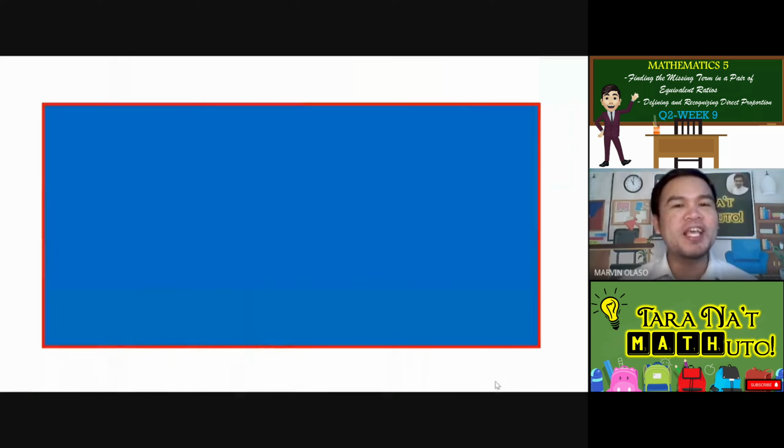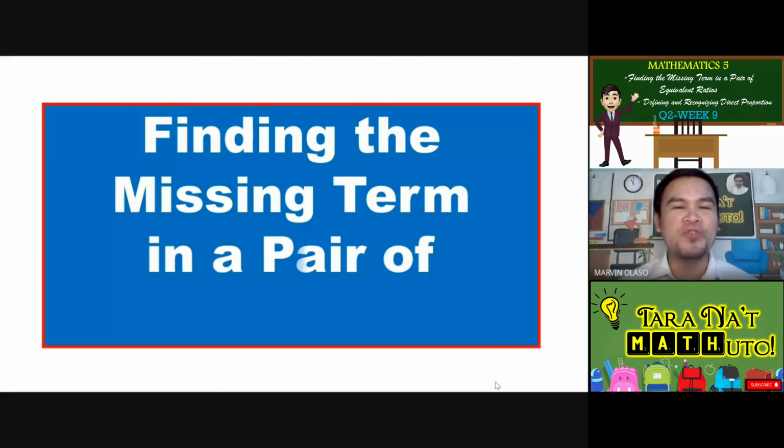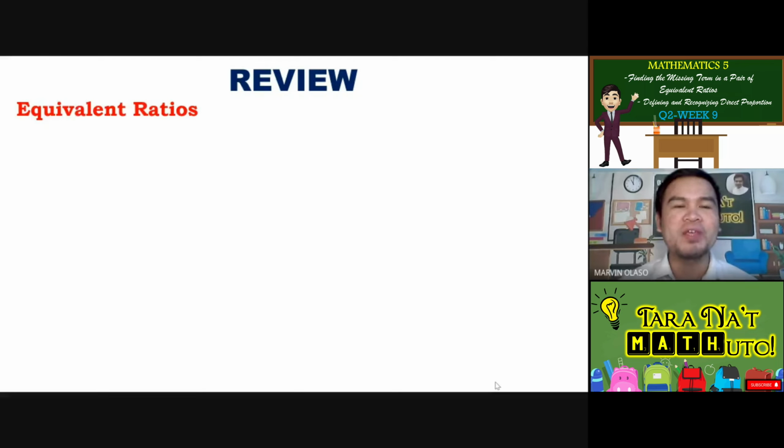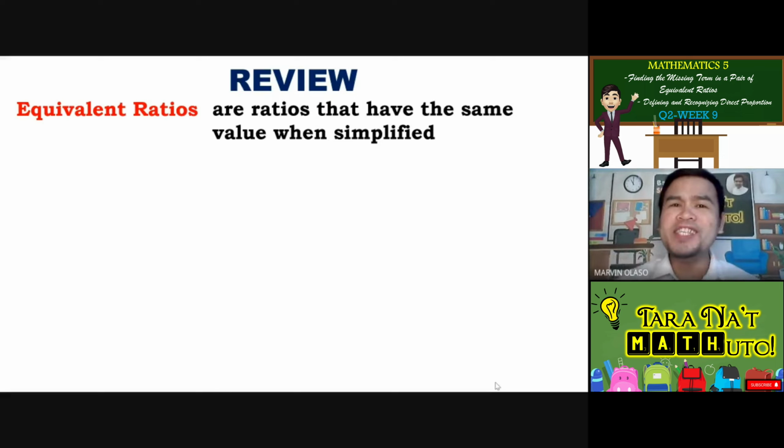But of course, let's have first our first topic, how to find the missing term in a pair of equivalent ratios. So in the previous week, tinalakay natin ano nga ba ang ibig sabihin ng equivalent ratios. Ating balikan, mga bata. First thing is that when we say equivalent ratios, these are ratios that have the same value when simplified.